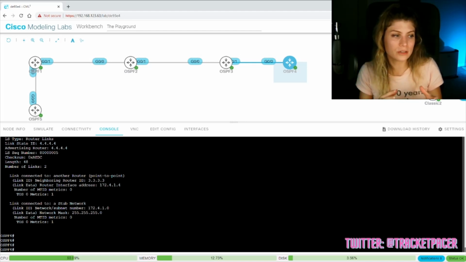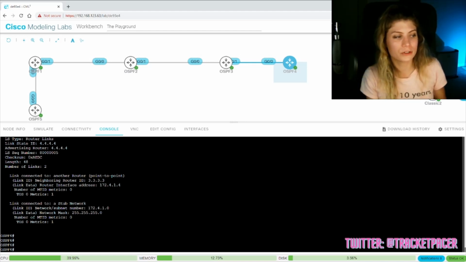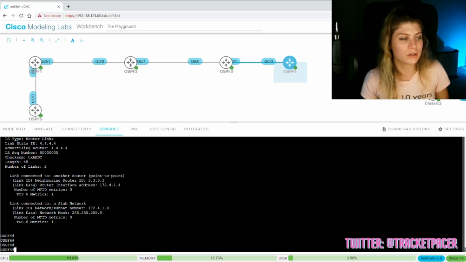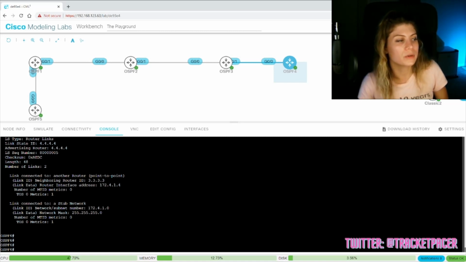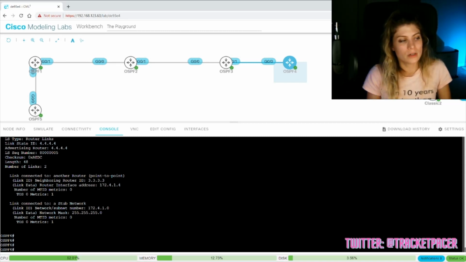It indicates no neighbor adjacencies were established on that link. Point-to-point and transit link types that didn't become adjacent with another OSPF router are classified as a stub network type. When an OSPF adjacency forms, the link type changes to the appropriate type.